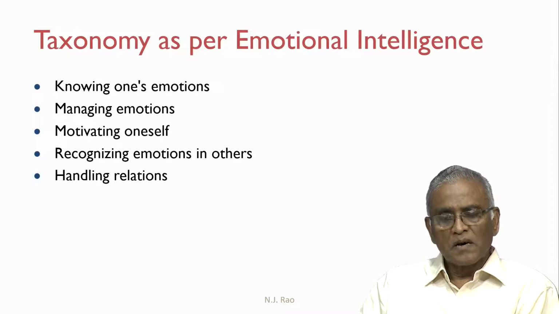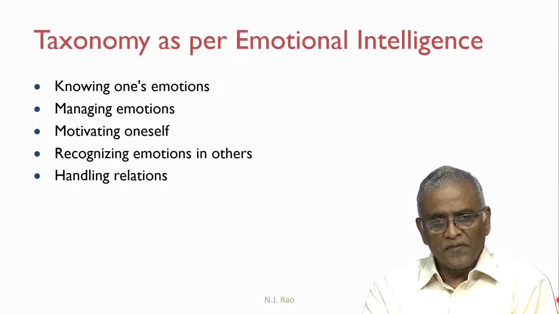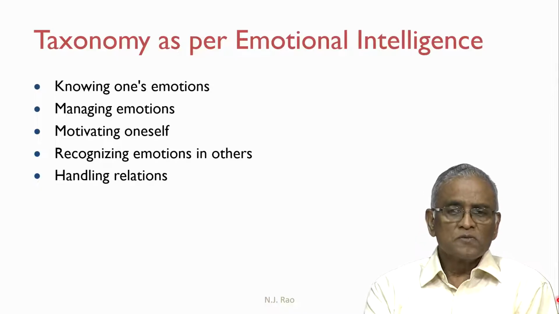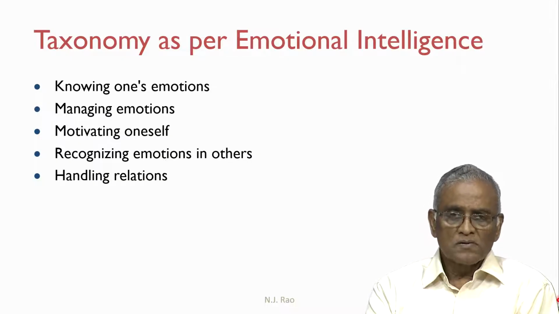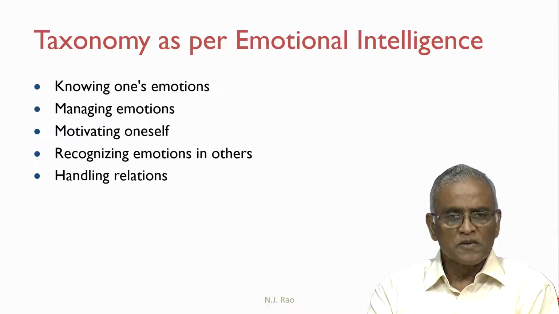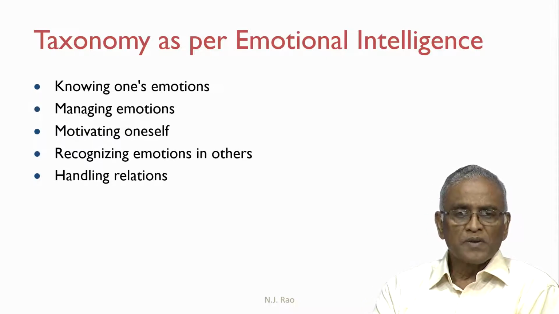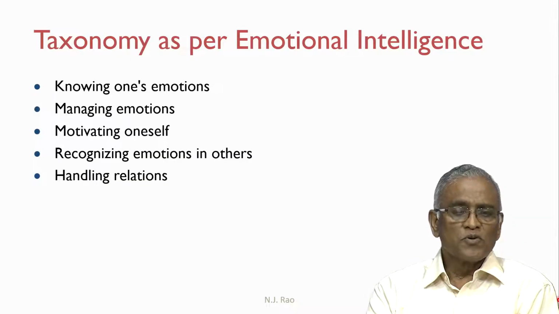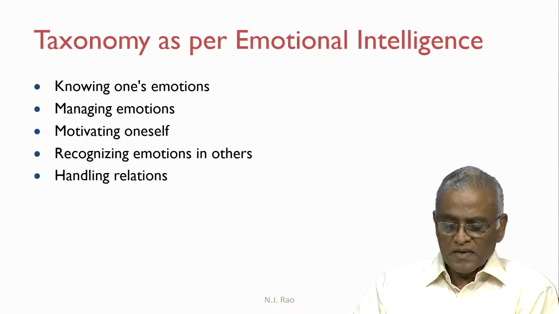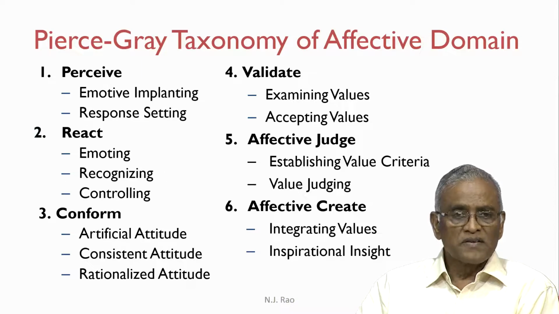Now the same taxonomy, the affective domain, can also be looked at in a different way as per emotional intelligence, which for the last 20-25 years has become quite accepted, and putting it in simpler words, like knowing one's emotions. That is what we called earlier perceive and react.